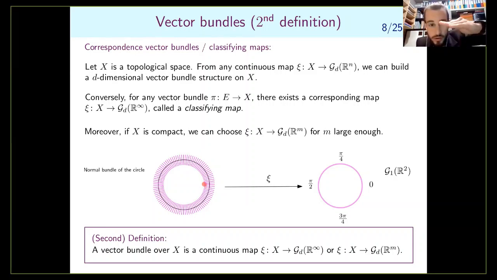It is 0, so it is mapped to 0. This one, for example, you have an angle of pi over 2, so you will go here. When you do half a turn, you are again at 0. So this map actually winds twice around the Grassmannian. Ah, interesting. Thank you for the explanation. Thanks for the question.